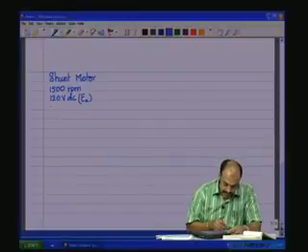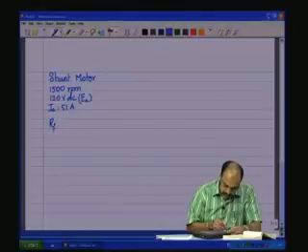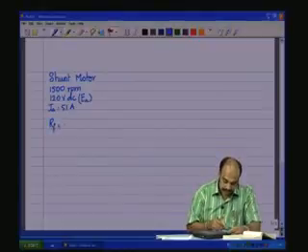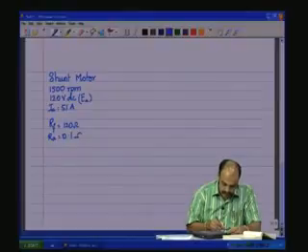The current is 51 amps, and our shunt or RF field winding is 120 ohms. RA is given as 0.1 ohms.